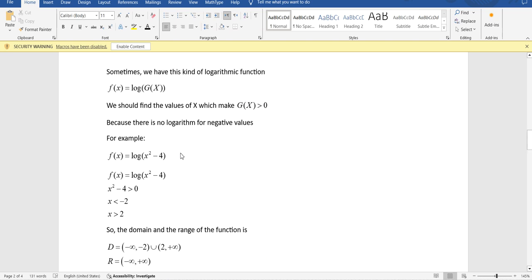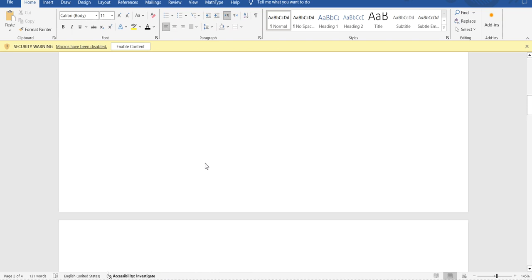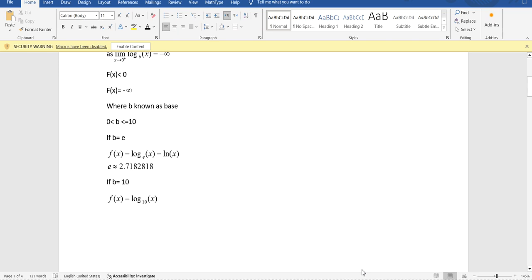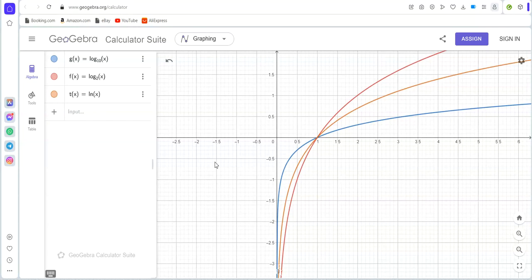To make sure I'm solving this correctly, let's see GeoGebra. The first function is log with base 10, the blue one here.